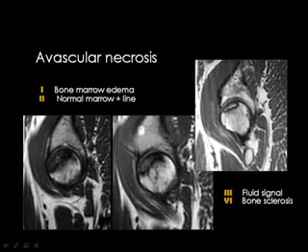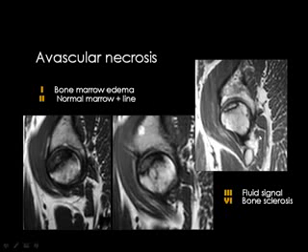Then the MRI is, of course, the main diagnostic modality for assessment of avascular necrosis, and according to MRI, we have 4 stages or 4 grades of avascular necrosis. Grade 1, which is debatable nowadays, and I will tell you why, is presented in the form of just bone marrow edema of the femoral head, and they consider it as stage 1, and this is no longer accurate nowadays.